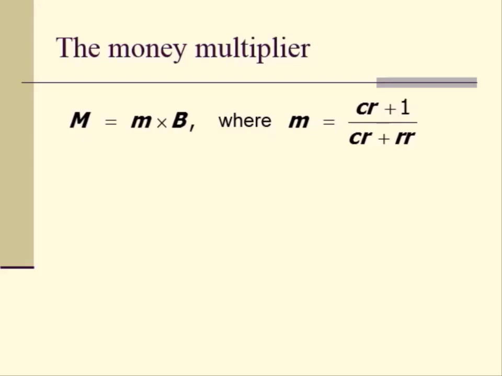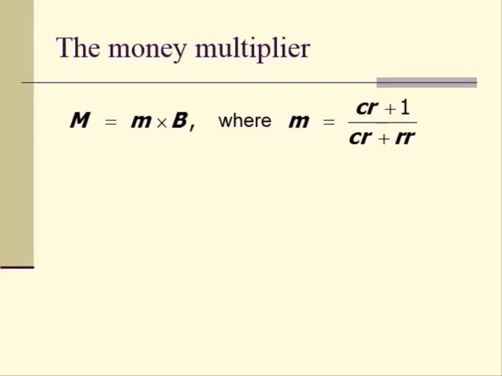That is, money supply M equals the money multiplier, lowercase m, times B, the monetary base, where lowercase m equals (CR plus 1) over (CR plus RR), that is, the currency deposit ratio plus 1 all over the currency deposit ratio plus the reserve deposit ratio. So you expressed the money supply as a function of these three exogenous variables.